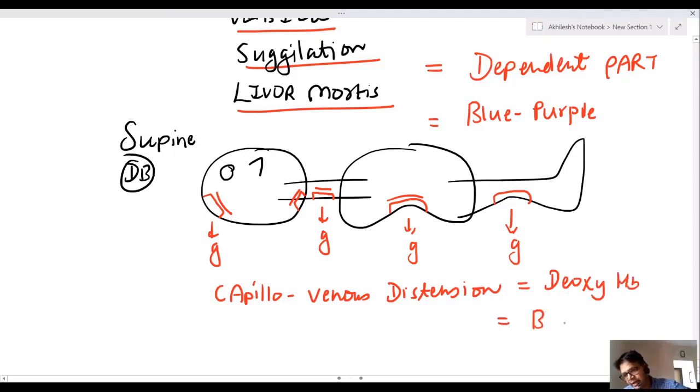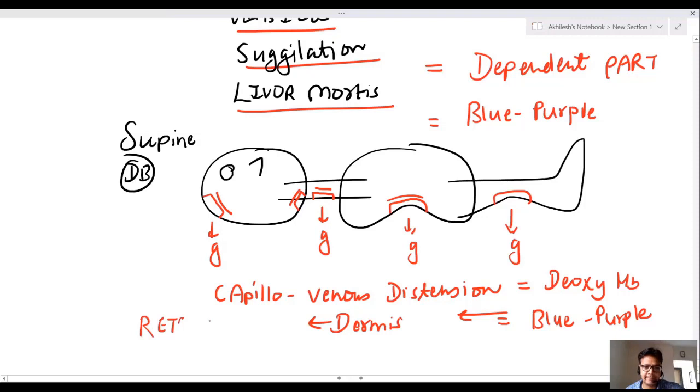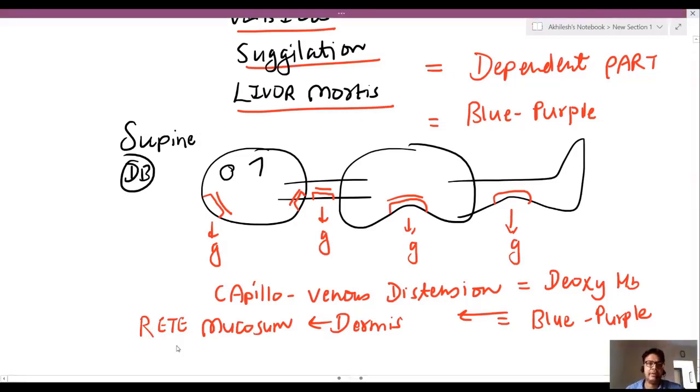This deoxyhemoglobin provides bluish purple color to the dermis layer. Sir, this dermis layer is known as rete mucosum.